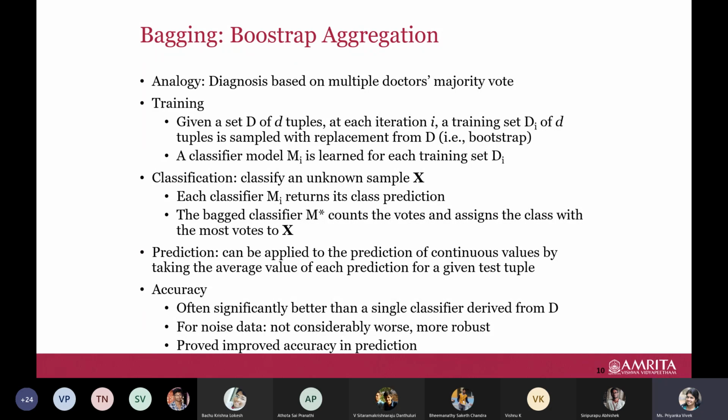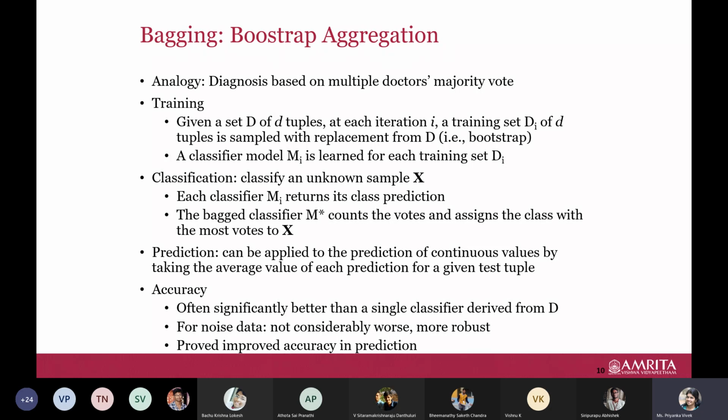So when you have an unknown sample, each classifier Mi returns its class prediction. Then the bagged classifier, that is, the algorithm, counts the votes, calculates the majority, and that is the label assigned to it. That is for classification.